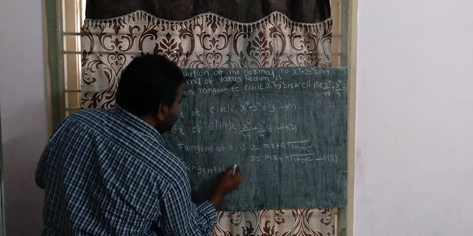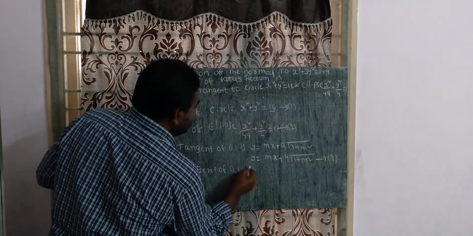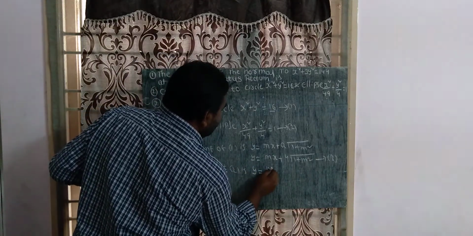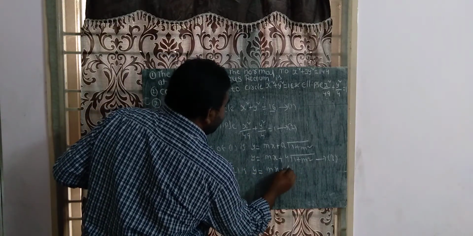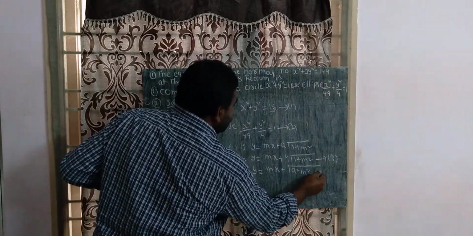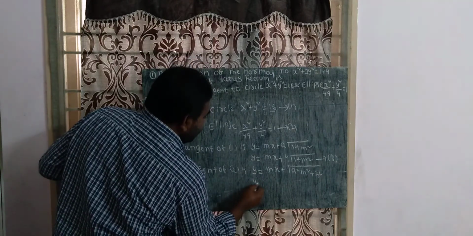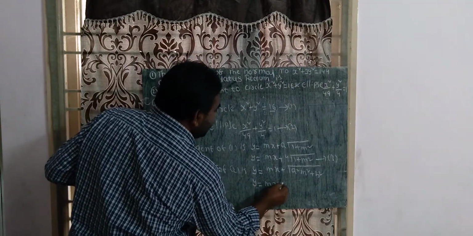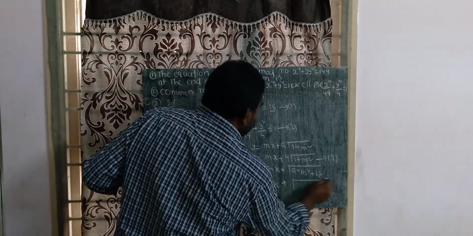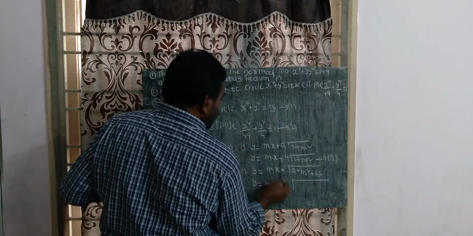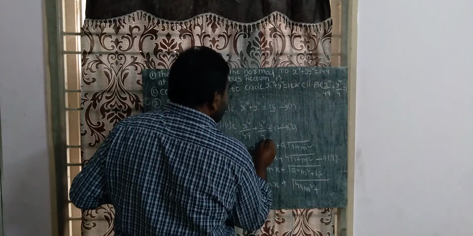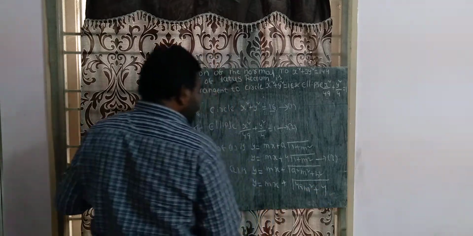Tangent of equation 2, this is the ellipse. For ellipse, tangent y is equal to mx plus square root of a square m square plus b square. So here y is equal to mx plus square root of 49 m square plus 4, where a square is 49 and b square is 4.